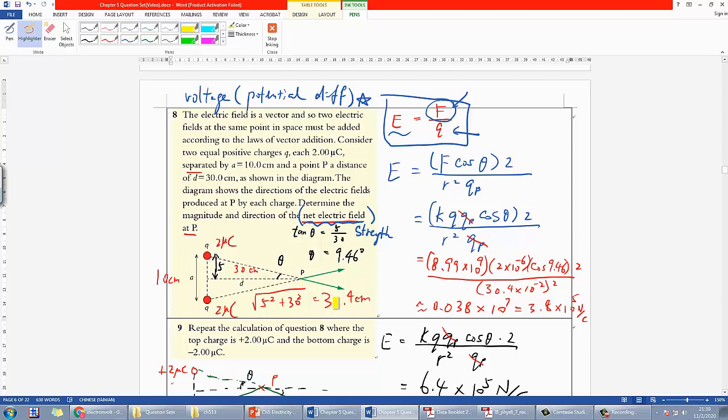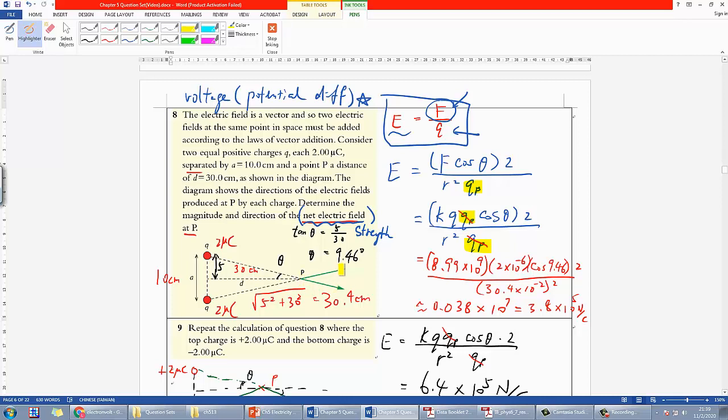To find the resultant or net electric field, it is very similar to finding the net force, and then you divide it by the charge of P, which eventually gets cancelled out.